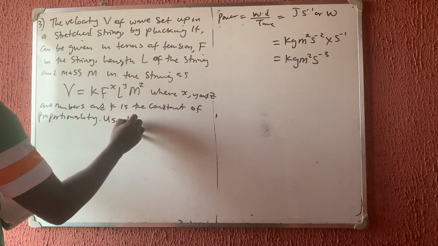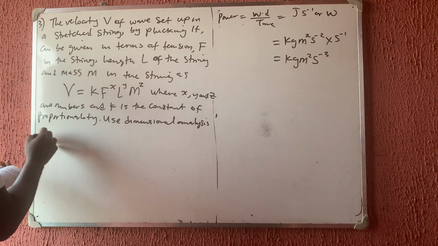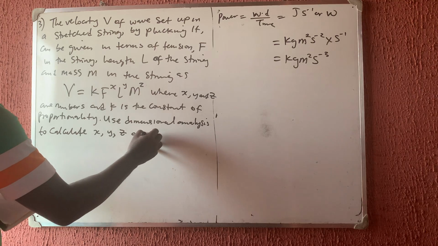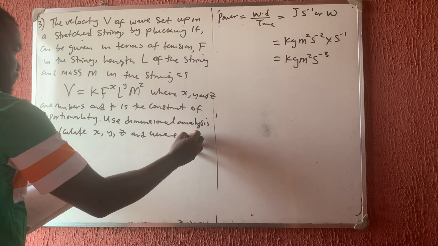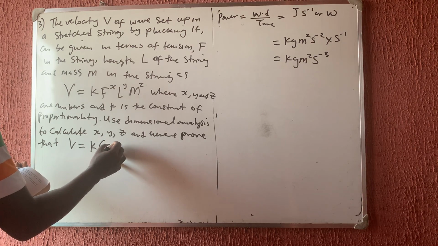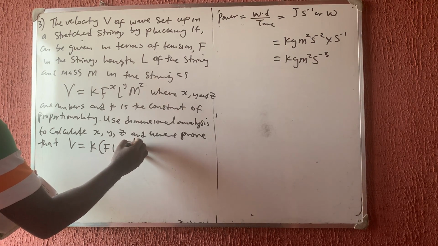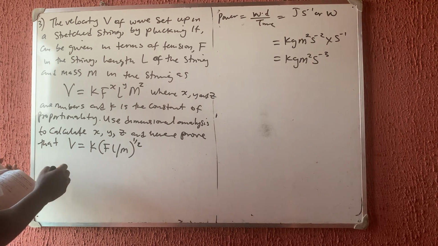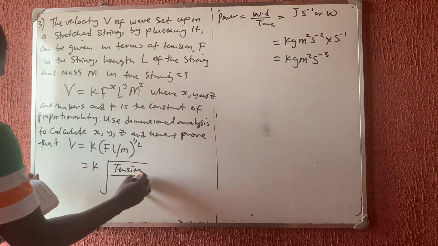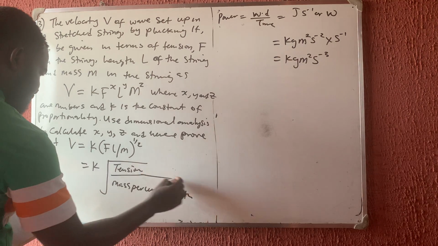Then I say use dimensional analysis to calculate x, comma, y, comma, z, and hence prove that V is equal to K in bracket of F L over M, okay, all raised to power 1/2, and then I say is equal to K, the square root of tension over mass per unit length. Okay? Mass per unit length.